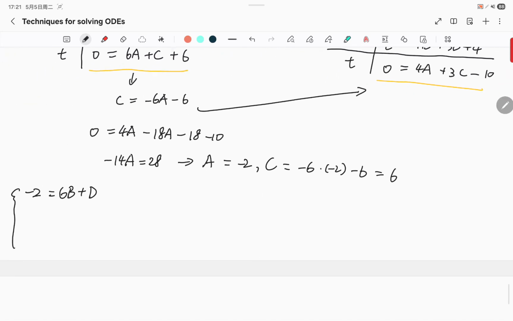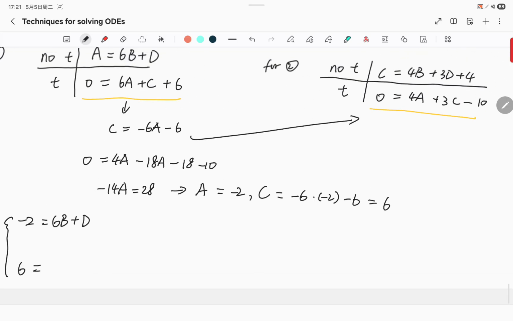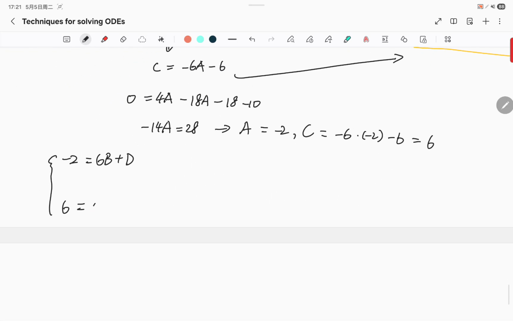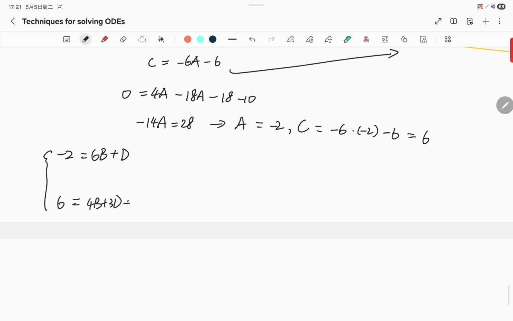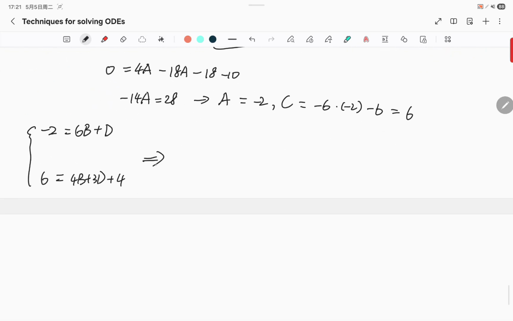The other one, c, is 6, is equal to 4b plus 3d plus 4. Solve this. I'm going to cut the steps. b is equal to minus 4 over 7, and d is 10 over 7.